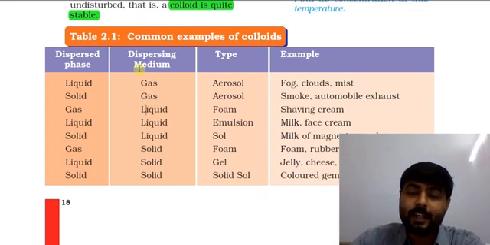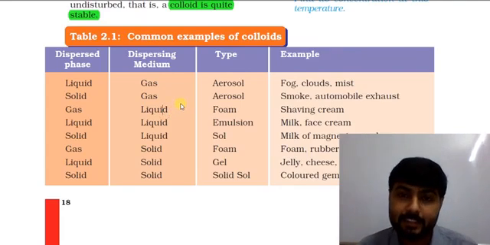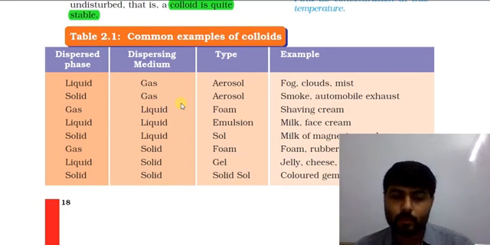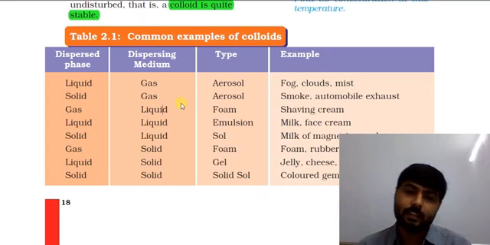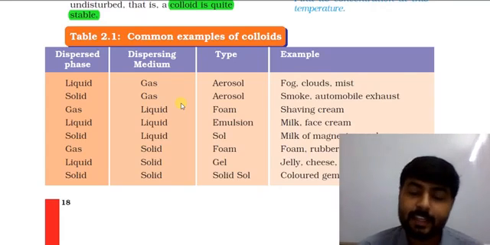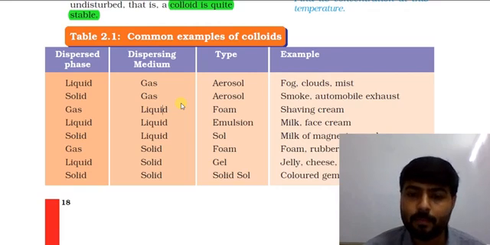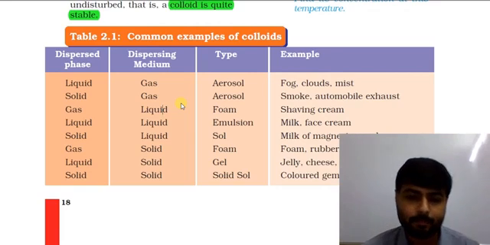The larger quantity is liquid, so the dispersing medium is liquid, and the gas in it is the dispersed phase. So foam is an example of colloid in which gas is dispersed in liquid, and the example of foam is shaving cream.